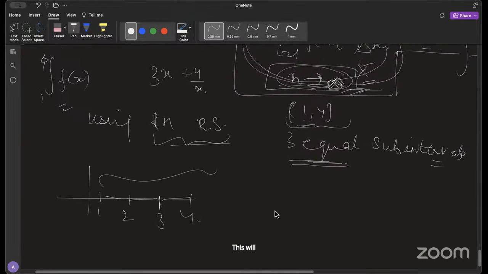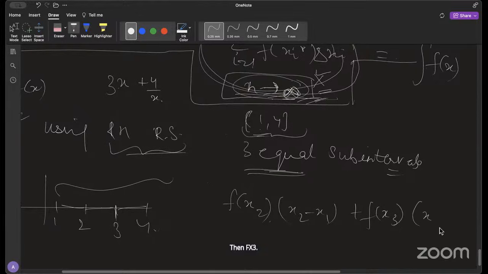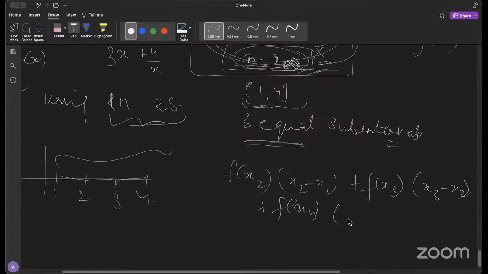And then what's the formula? Because you have to find the right-hand Riemann sum, you should be doing f(x2), so f(x2) times (x2 minus x1), then f(x3) times (x3 minus x2), and then f(x4) times (x4 minus x3) for the right-hand Riemann sum.